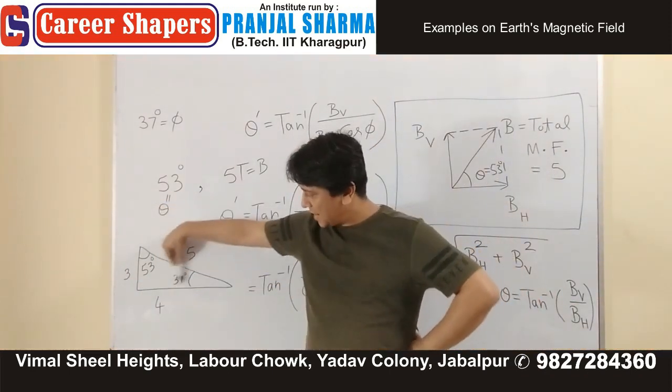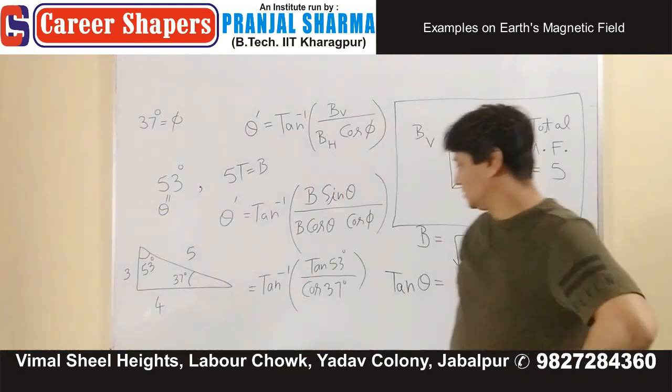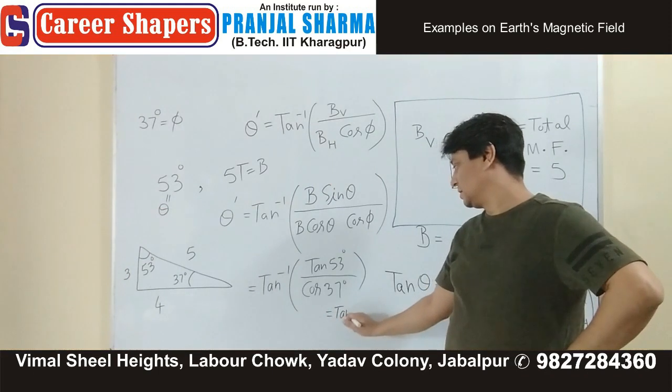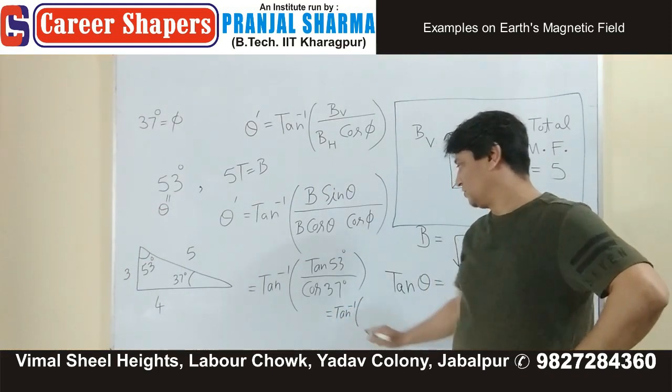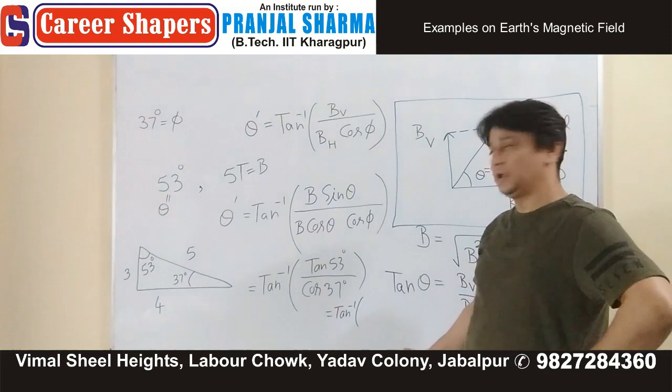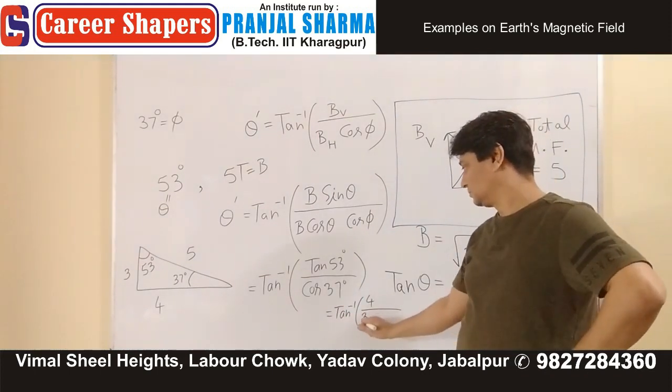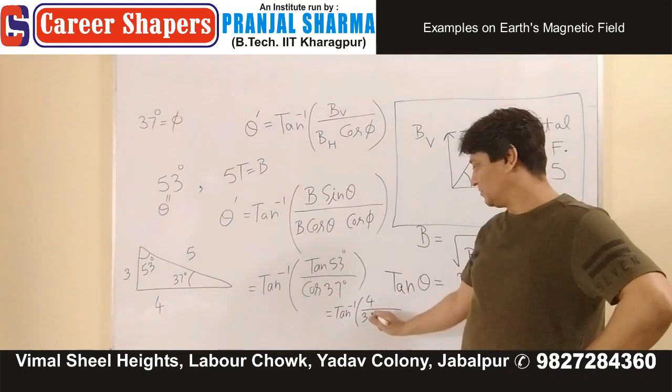Tan is what? Perpendicular upon base. So this gives us tan inverse of tan 53, 4 by 3, over cos 37.